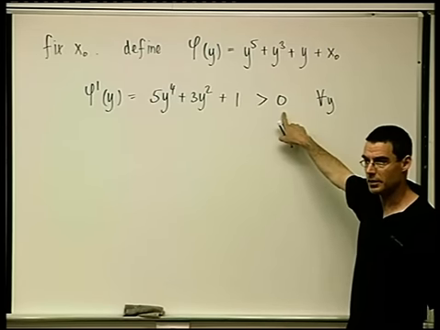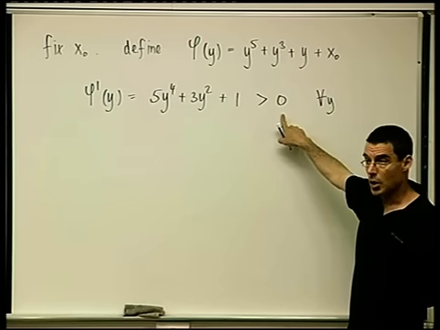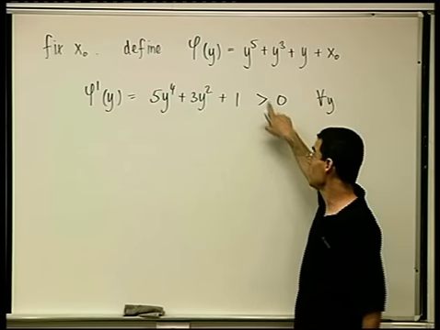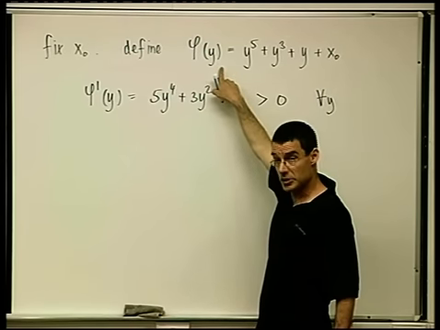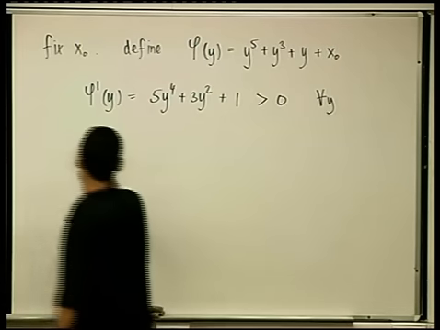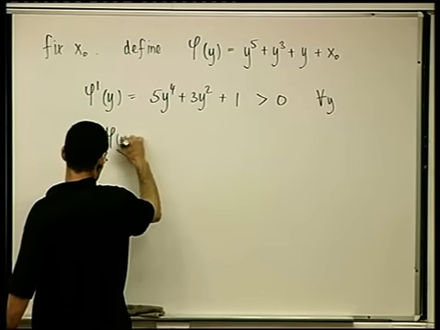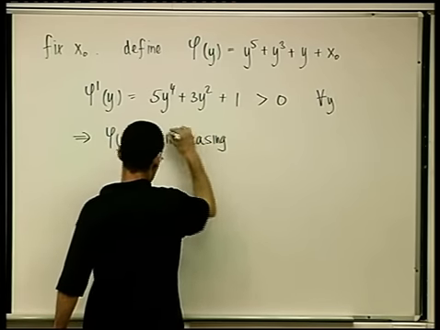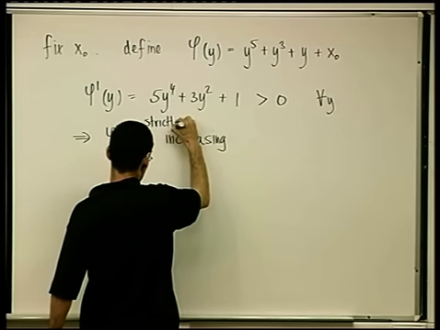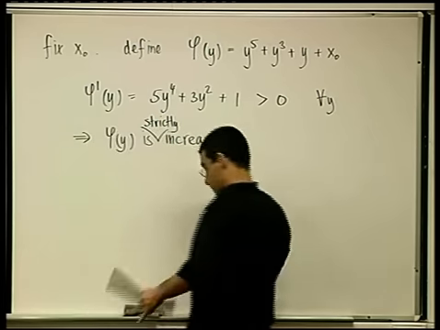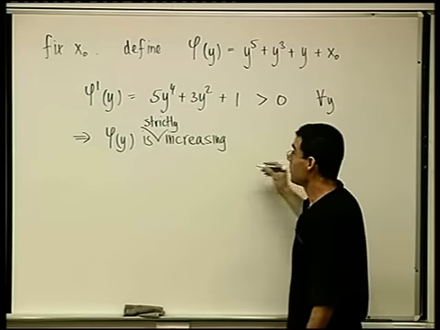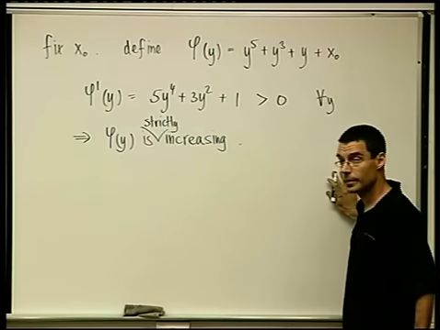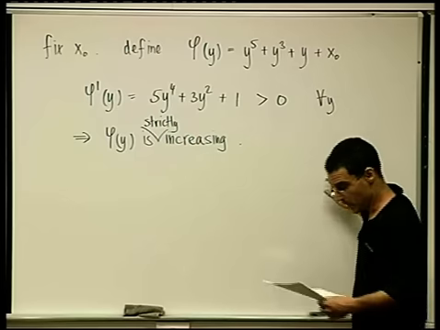So this is strictly positive. What does it mean when a derivative is strictly positive? What does it tell you about the function itself? It's strictly increasing, right? So phi of y is strictly increasing for every y. Do you agree? Does everybody agree? Okay.